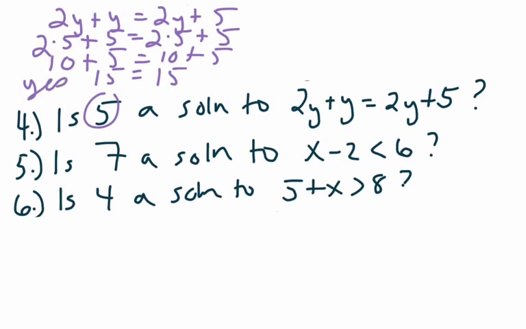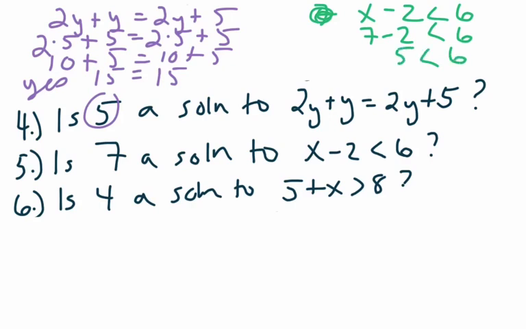Next one: is 7 a solution to x minus 2 is less than 6? Remember, you're reading it from left to right. So in this case, the smaller number is on the left. 7 minus 2 is 5, and we get 5 is less than 6, which is true, which means yes, it is a solution.